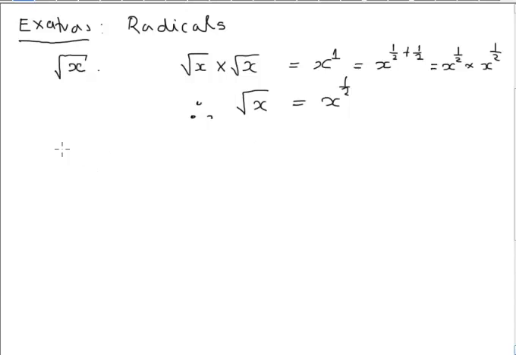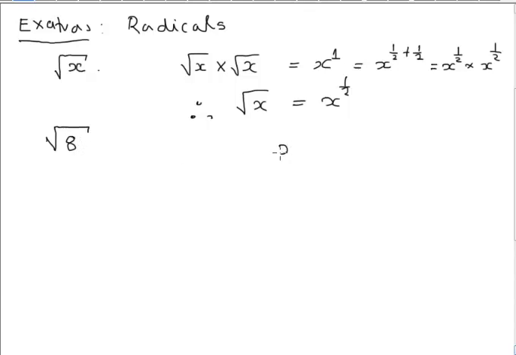Now, related to this, you are going to get things like this. Let's say we've got something like this. Then somebody asks you to express this in terms of the square root of 2. Express this in terms of the square root of 2. What do we need for this?